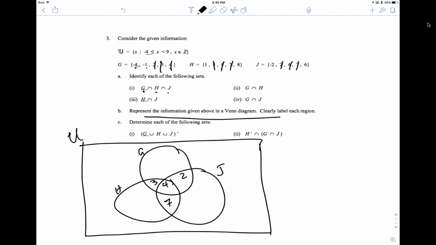And then the remainder for G. The remainder for H that are in neither. Probably a good idea not to make them look like one number. And -2 and 6 in J, and no other.